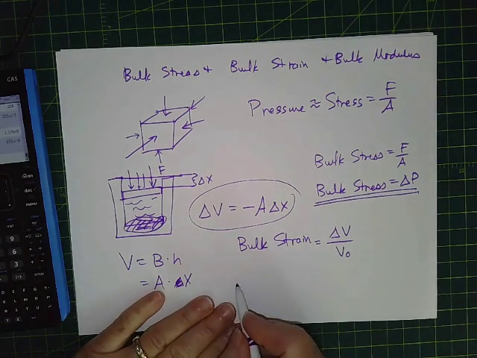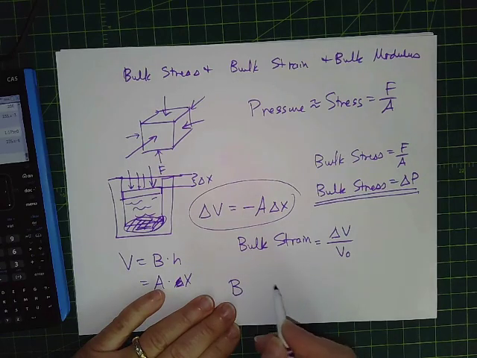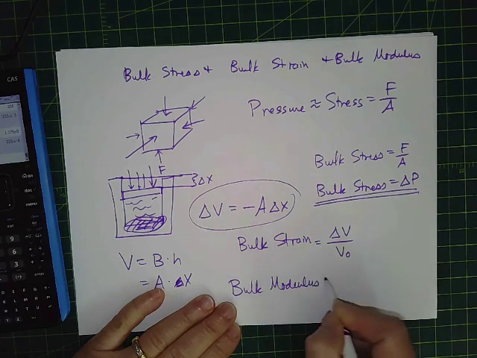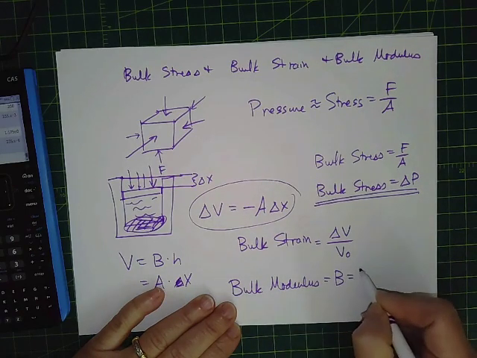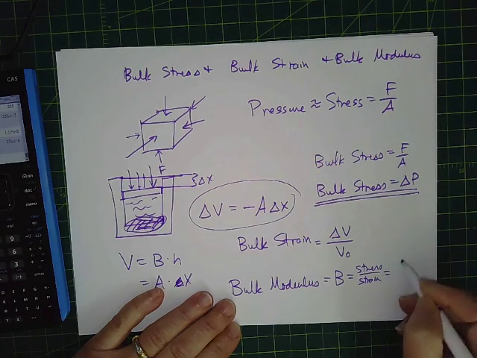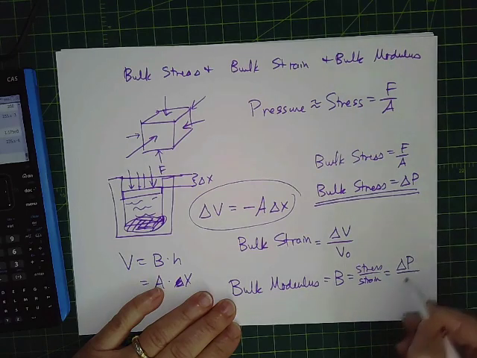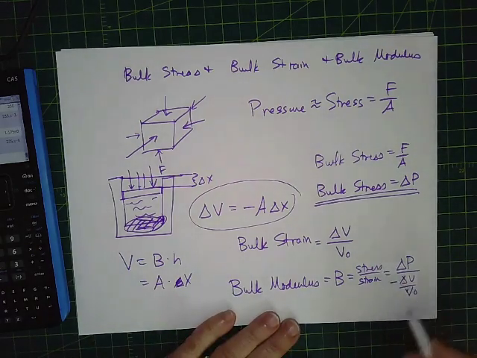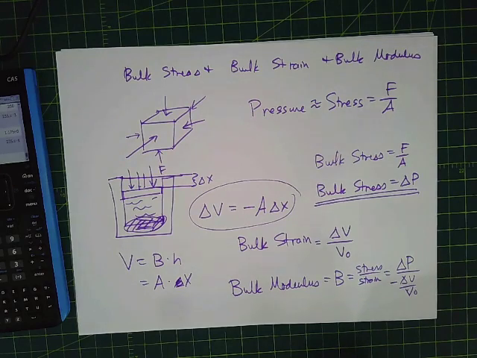And then finally, like we had before, the bulk modulus, we're calling B, is stress over strain. In this case, the stress is the change in pressure, and the strain is the change in volume over volume. And don't forget our negative sign in there, because that's how we're defining the bulk modulus.